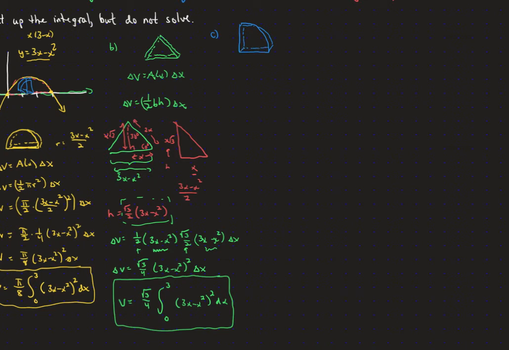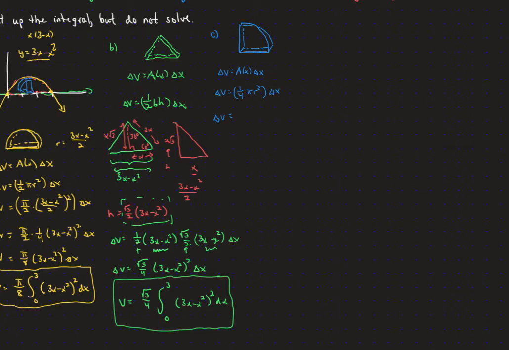Now we know again that a delta volume is going to be the area of the cross-sectional piece times delta x. So since this is a quarter circle, that's going to be 1/4 pi r squared is going to be our area times a delta x. Now this is actually easier than our semicircle, I think, because now this is not the diameter.